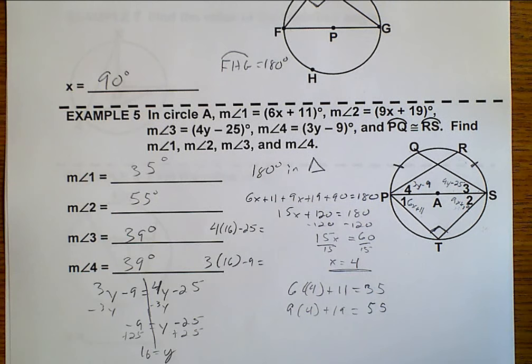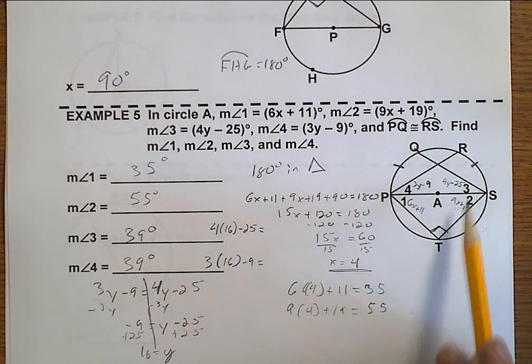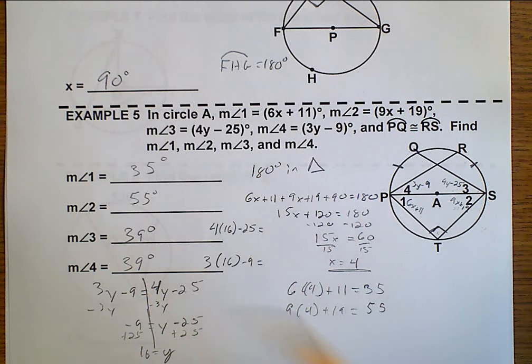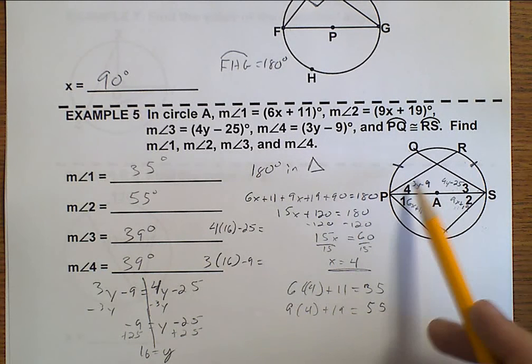And we've already said that these are equal, so we're hoping that we get equal answers here. So just to break it down, for the measure of angle 1 and 2, we went back to the theorem that if I intersect a semicircle, I create a right angle. And to find 3 and 4, we went back to the fact that if the chords are congruent, the angles are congruent.